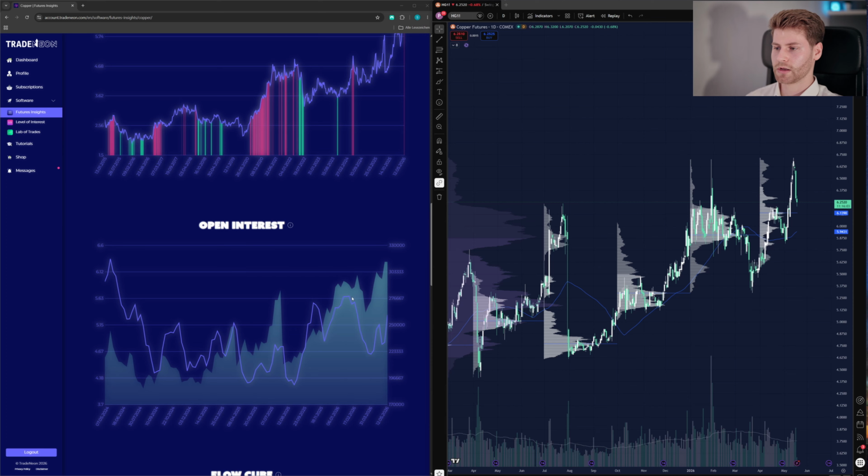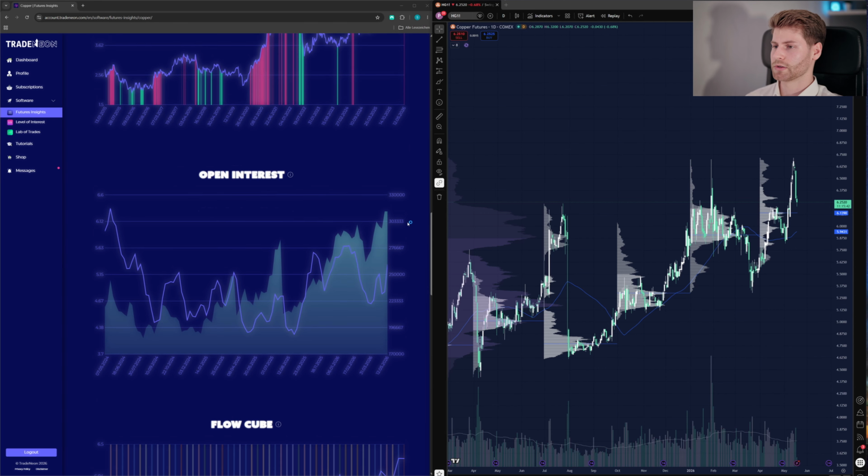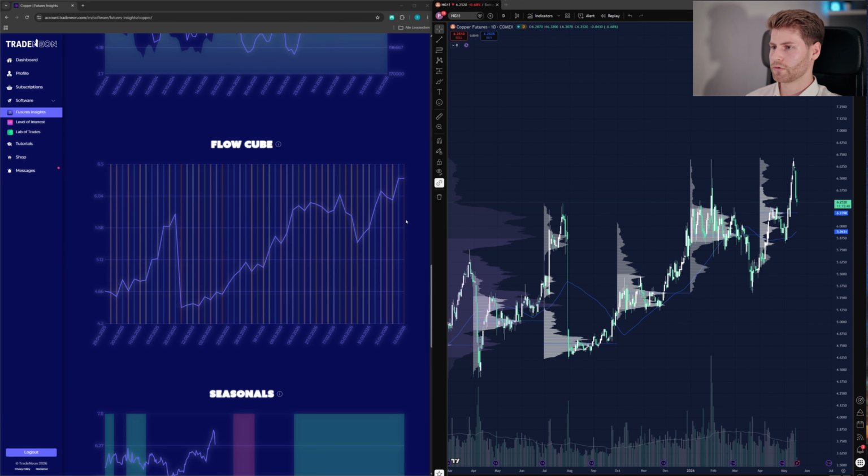Rather, we got a lower high, which simply means that the current still ongoing long move is not really supported by open interest, which is a first indicator that the long trend might come to a halt and that we soon get lower prices.